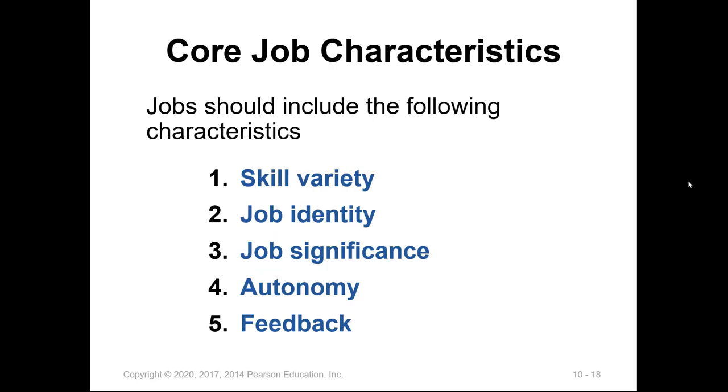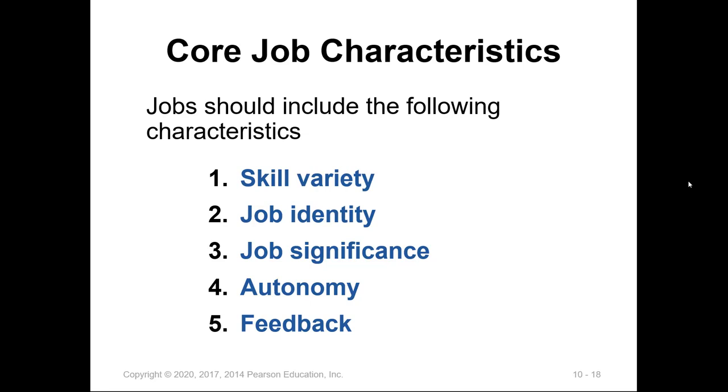A lot of research regarding the psychological component of job design has been taking place. Hackman and Oldham have incorporated much of the research into 5 characteristics. Skill variety, which is requiring the worker to use a variety of skills and talents that they have. Job identity, which is allowing the worker to perceive the job as a whole and recognize a start and a finish.